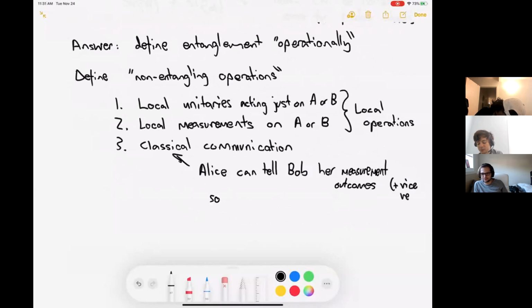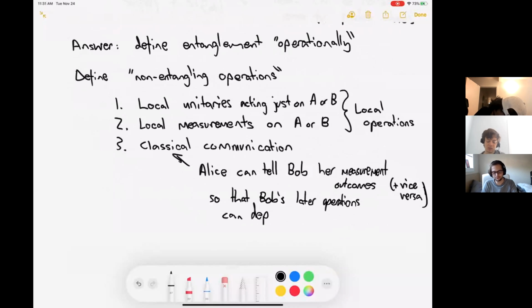Okay, in particular, being able to do that means that Bob's later operations on his system can depend on the early measurement outcomes.